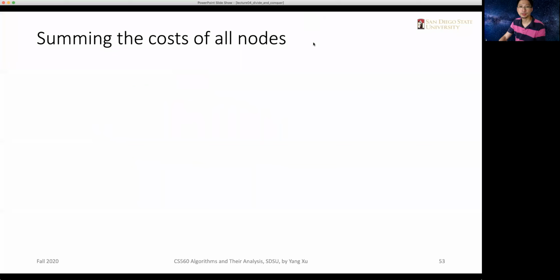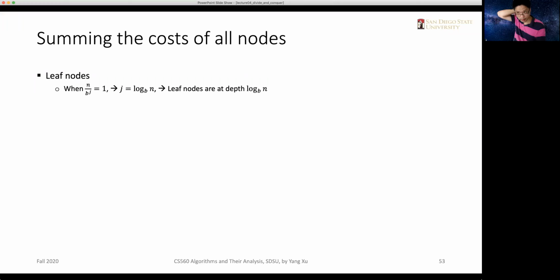That can be inferred from the form of the recurrence. So we now simply need to sum up the costs for all the nodes. The leaf nodes are the special case we need to consider, because leaf nodes are where the subproblem size reaches 1. When the size equals 1, we can solve for j to be logarithm base b of n, so the leaf nodes are at depth log base b of n.